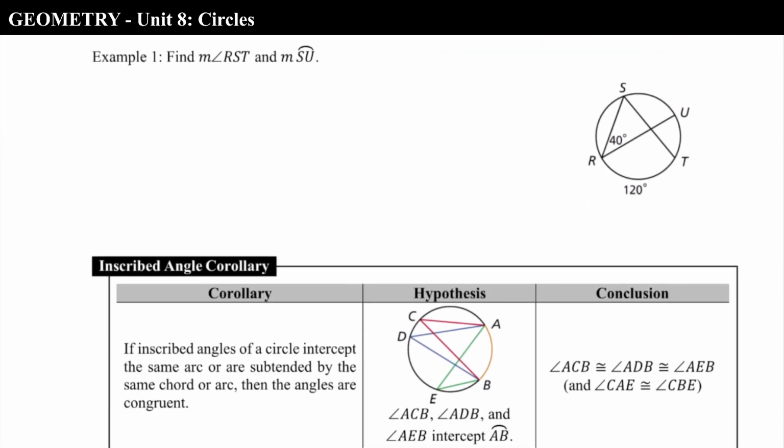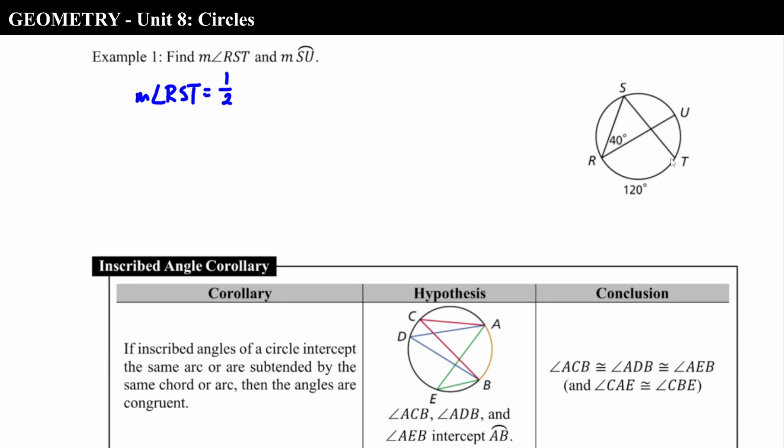So in example 1 here, we're going to find the measure of angle RST and the measure of arc SU. So for the measure of angle RST, we know that that's going to be 1/2 of the arc that it intercepts.